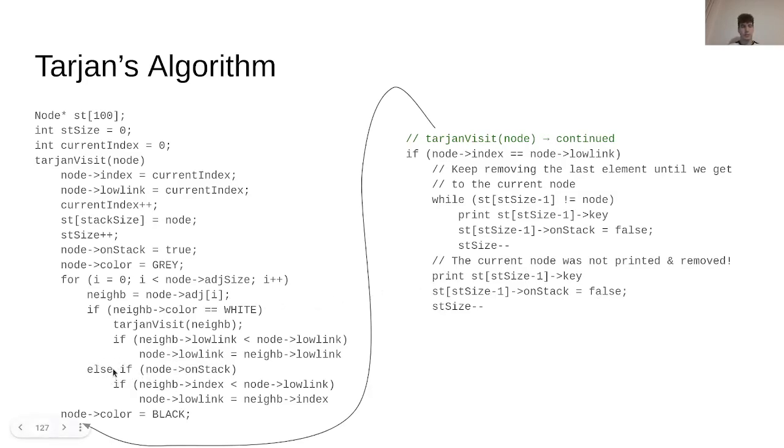So if the node was already visited, but it's in another component, in another strongly connected component, we ignore it. Only if it's on stack, we look at its index. This is a very long algorithm, but I hope it makes sense.